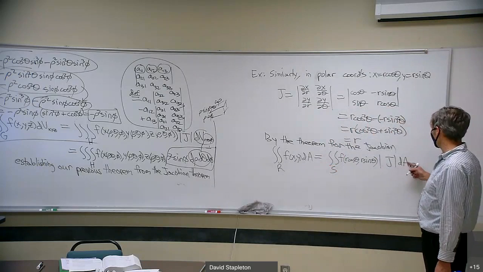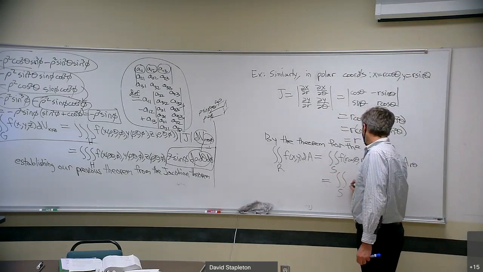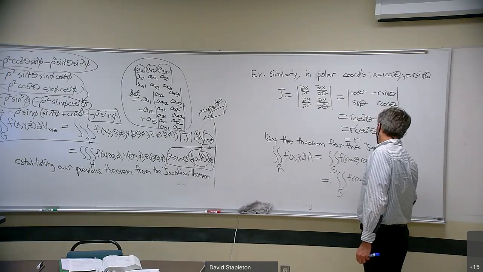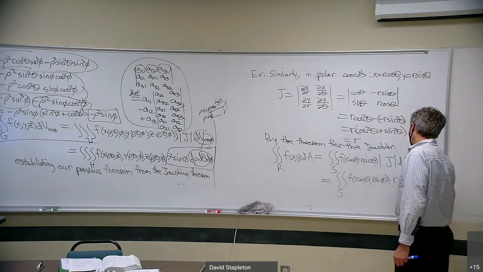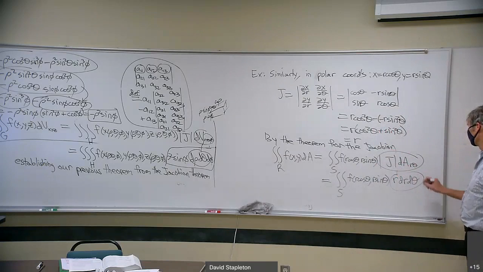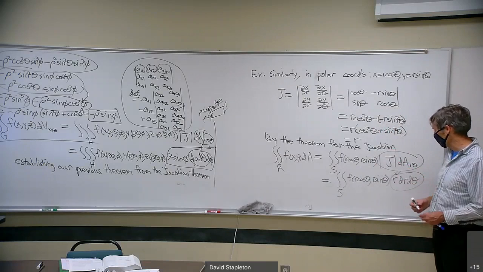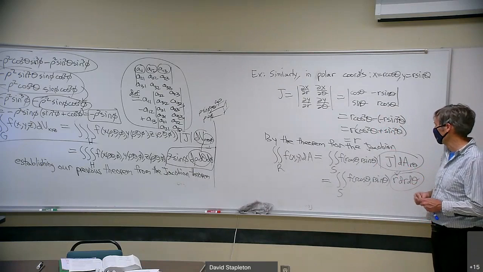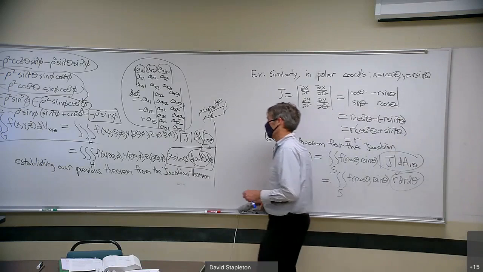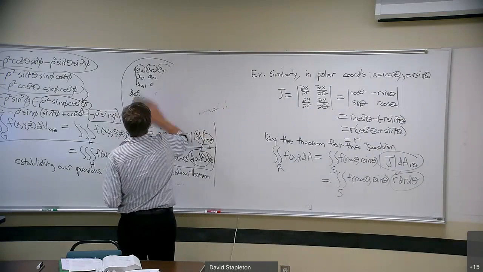Well, the Jacobian is r, and this is dr d theta, so it comes out to be the double integral over the region of f of r cosine theta, r sine theta, times r dr d theta. So we derive the transformation law for polar coordinates by putting in the absolute value of the Jacobian, r. So all those things are special cases, and what the Jacobian does is it generalizes this coordinate transformation problem.